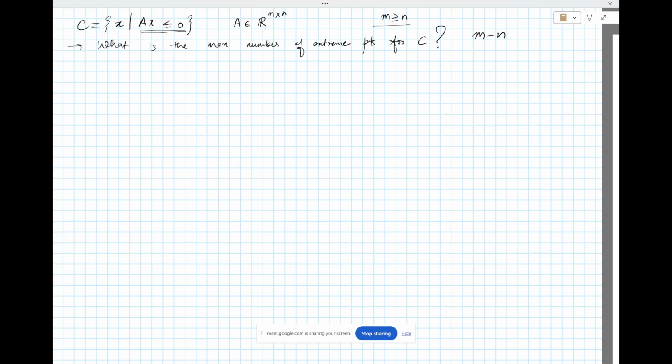So what will be the nature of this inequality?